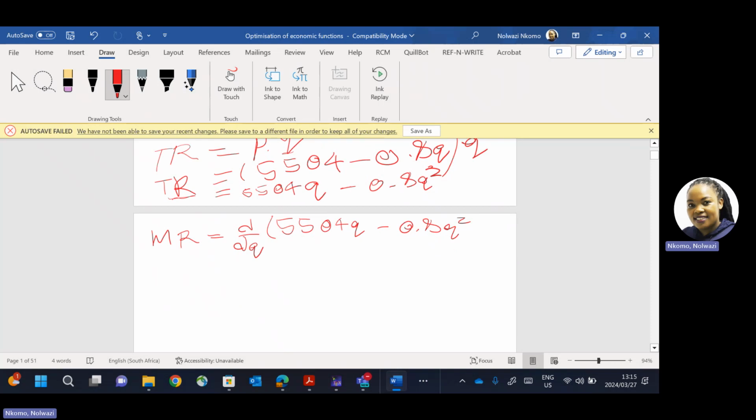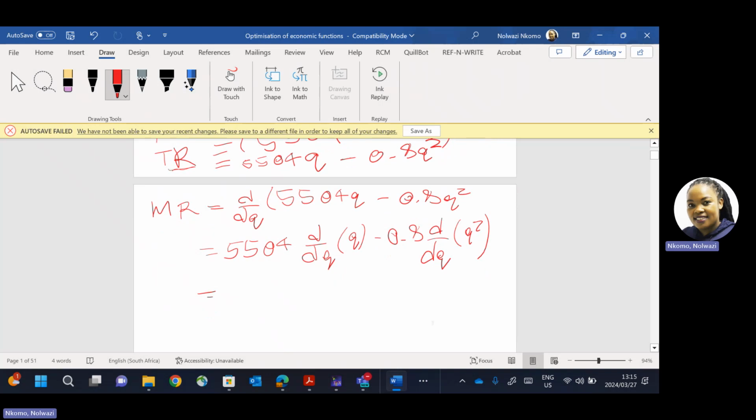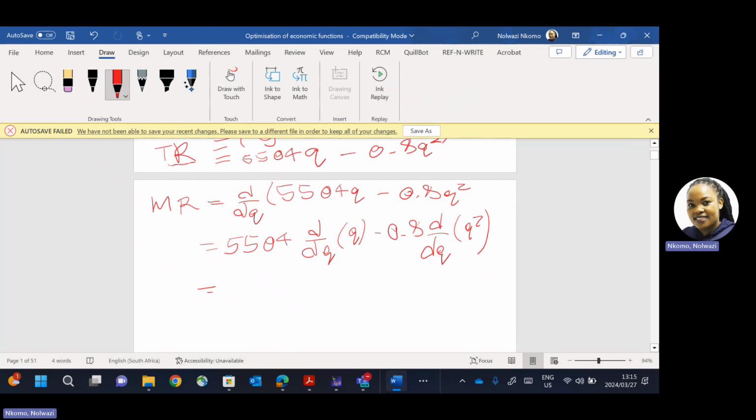To differentiate this, we can first separate it, 5504 d over dq of q minus 0.8 d over dq of q squared. Again, we are using the rules of derivative. Okay, if we differentiate these, we'll have something like this.